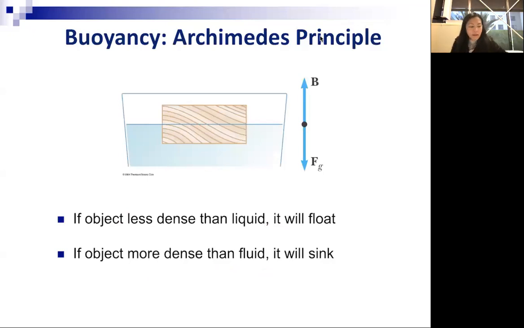If we compare the forces, if you look at the free body diagram of this object, you have the weight force that's downwards, and you have the buoyancy force provided by the liquid, and the buoyancy force is always upwards. So let's consider the first case.